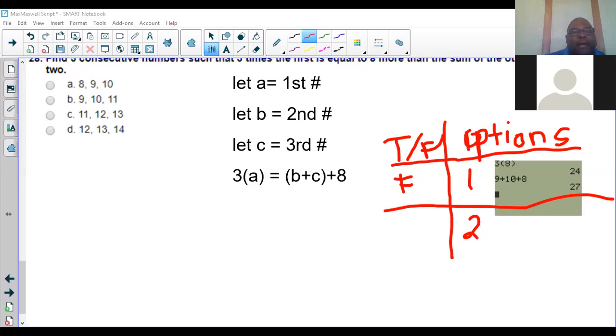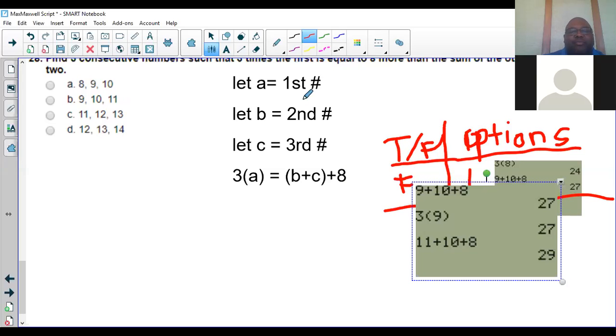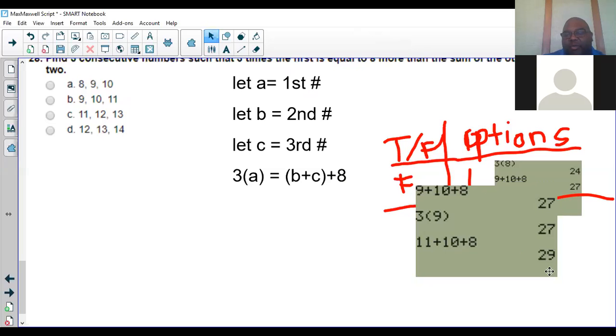Now I got to take 10 plus 11 and add 8. That's 29. Boom. Too big. That's also going to be false.